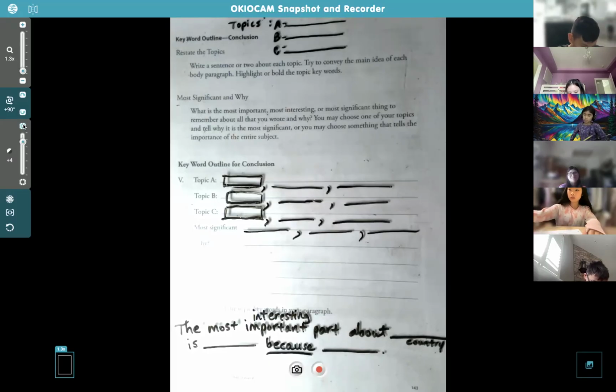So it's interesting that they don't have snakes, because most countries probably do have snakes, but maybe they don't because of the way the weather is or the geography of the place. Yeah. Good. Okay, that's a good idea.